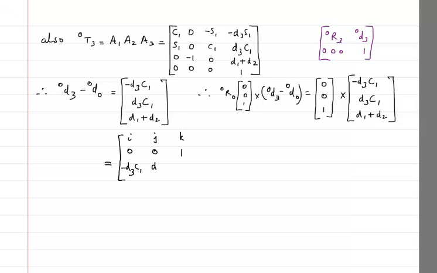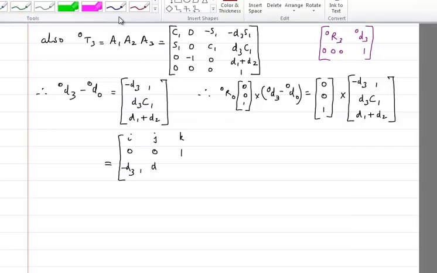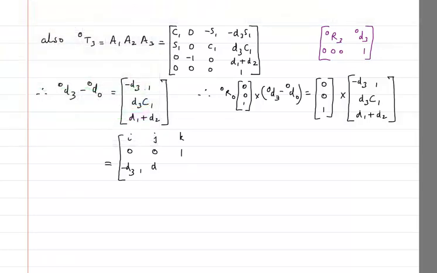Sorry, this one should be s1, here it should be s1, so it is s1 here, s1 here, and similarly here also it will be s1. So this will be d3 c1.